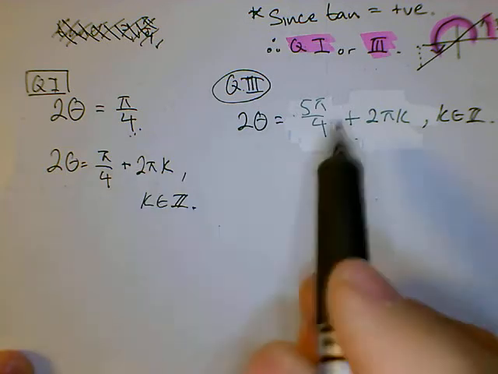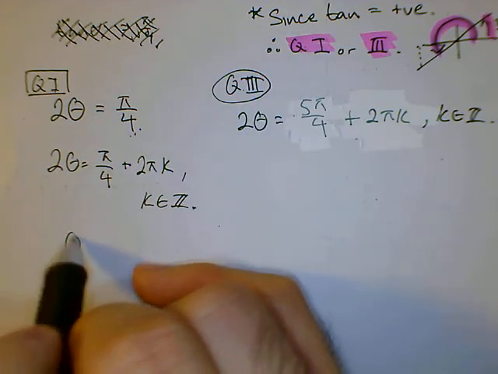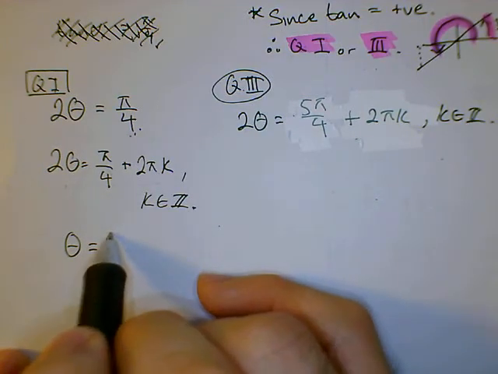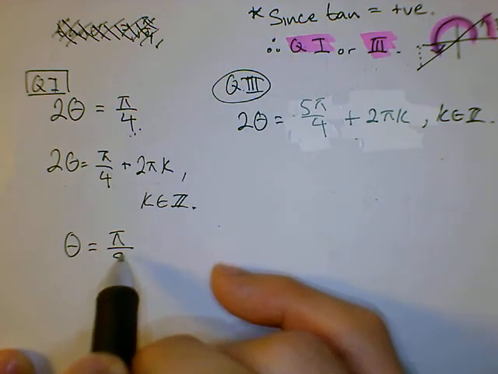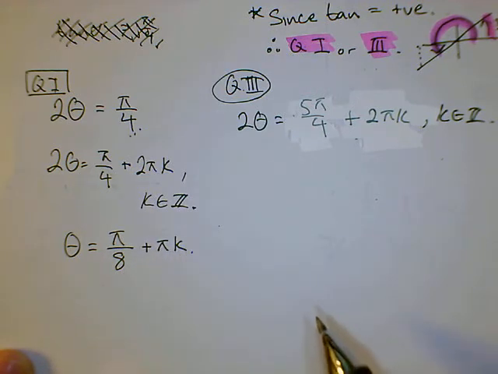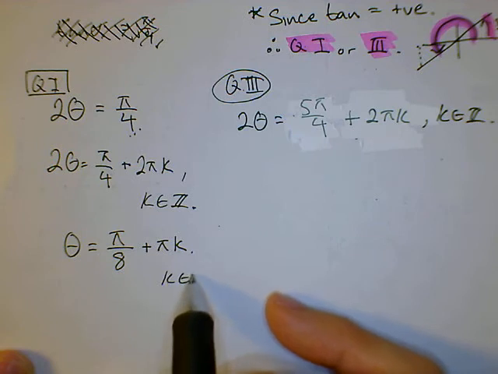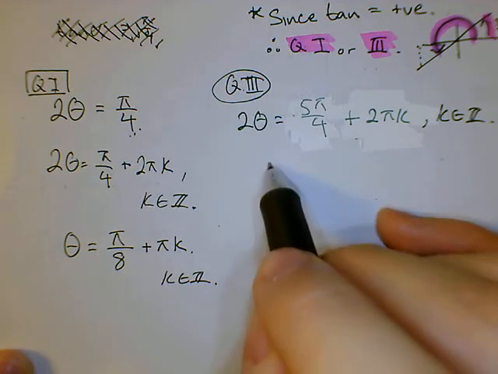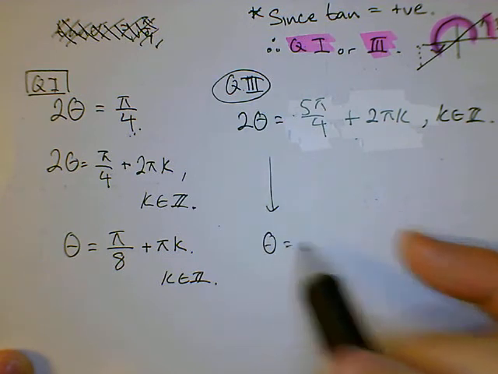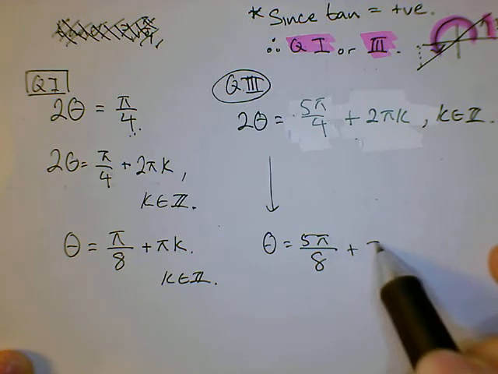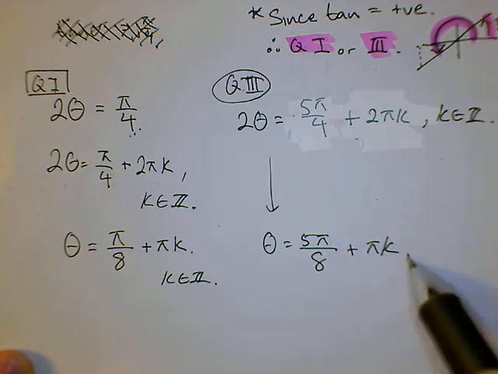Take a look at what happens to my answers. When I divide both sides by 2 now, it becomes pi over 8 plus pi k. When I divide the answer now, theta is equal to 5 pi over 8 plus pi k.